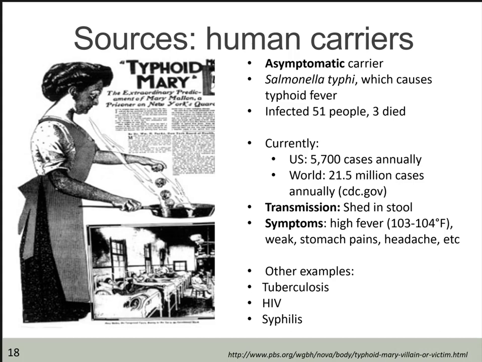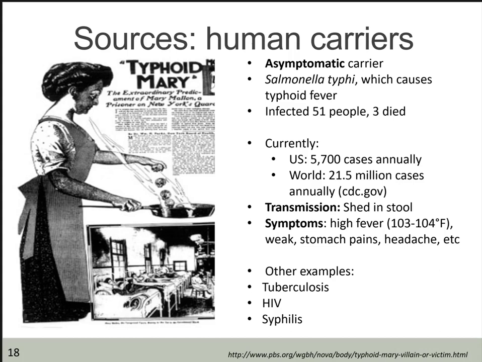When she prepared that food, she would transmit that microbe from her to the new people. She did this with several families, and several families became sick when she prepared food for them. She infected 51 people. 3 of those people died. She eventually had to be quarantined and prevented from cooking for any other families.